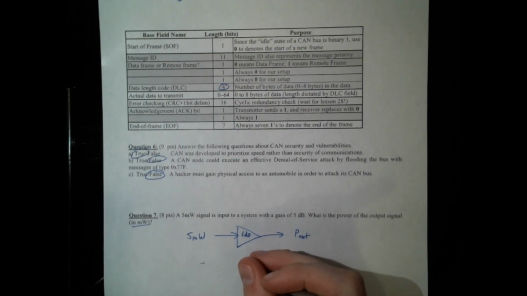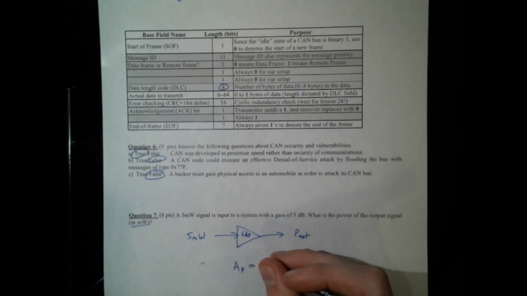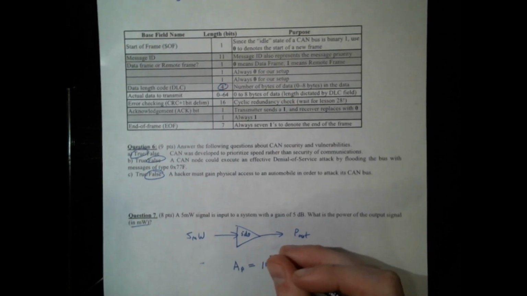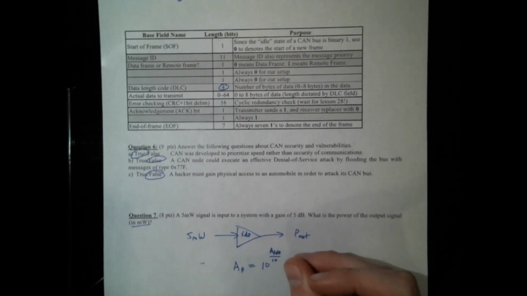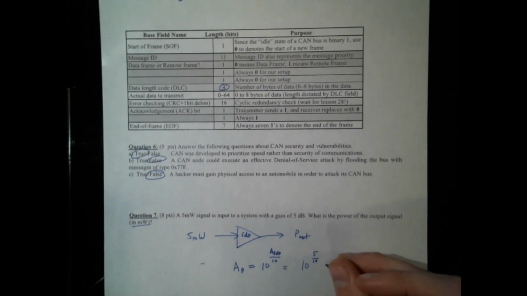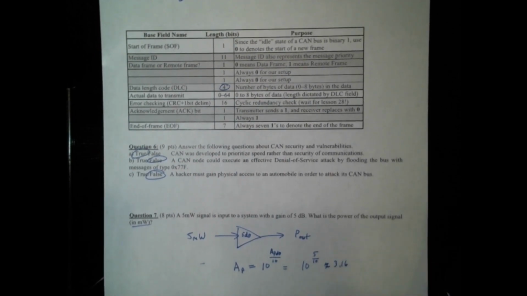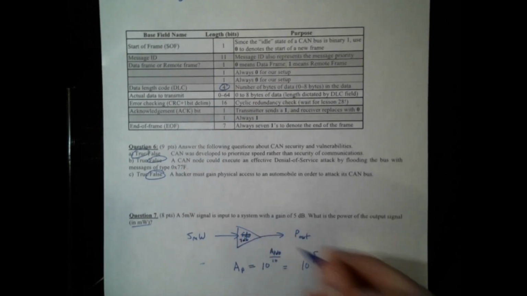So let's take that 5 decibels, and the equation we use is, if we have A_P, unitless gain, we get that by doing 10 to the A_P in decibels over 10, which in this case is 10 to the 5/10, and that's approximately 3.16.